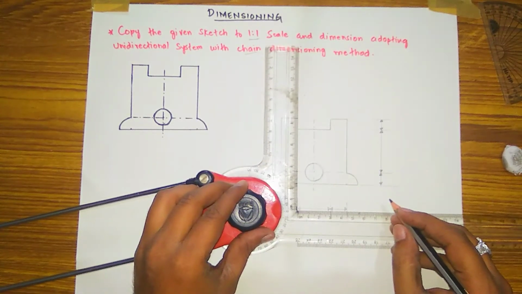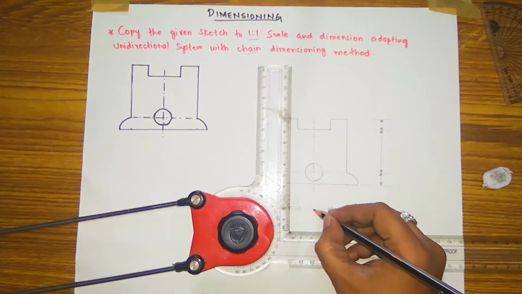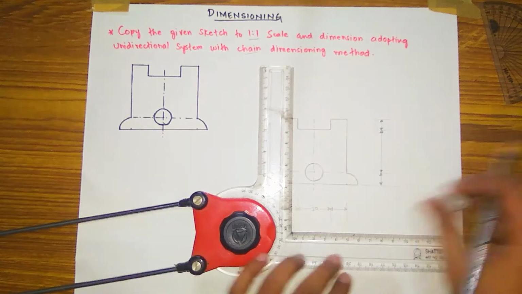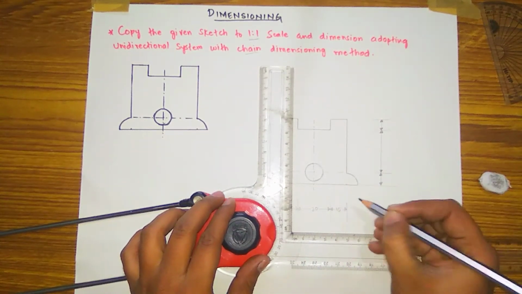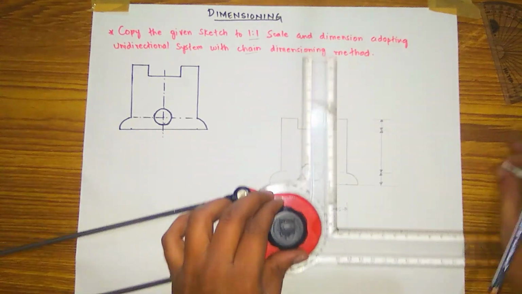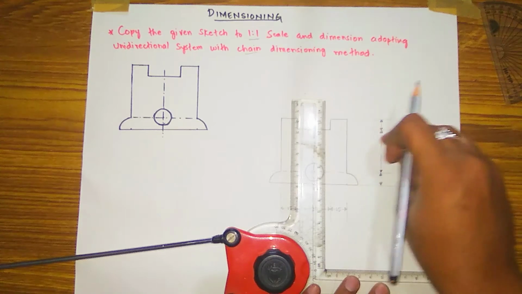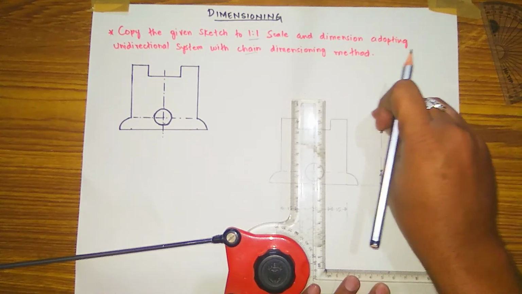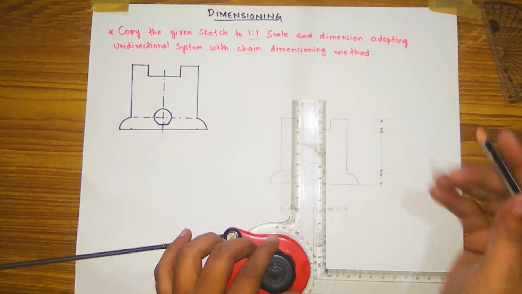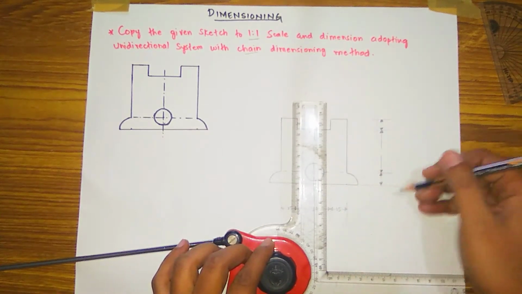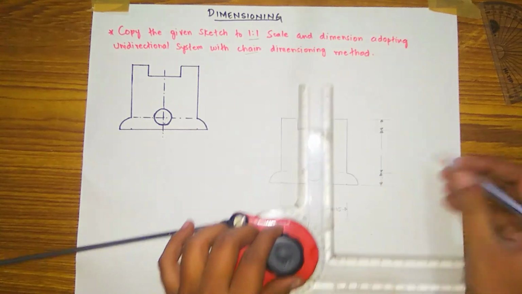And how much is this? 30, so write it in the middle. Here this is also 15 by measuring. An important note: in unidirectional system, across also you have to do the numbering and dimensioning straight only.